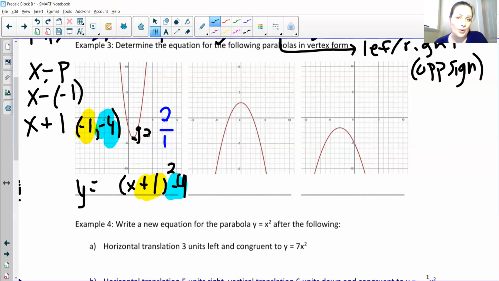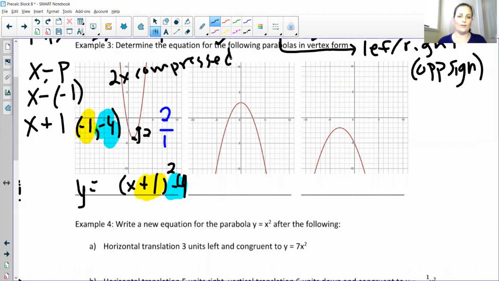That means it is compressed twice the amount that it normally would be, because normally it would just be at 1. It goes from the vertex, it goes over 1 and up 1 on the standard parabola of y equals x squared. So this got compressed 2 times.